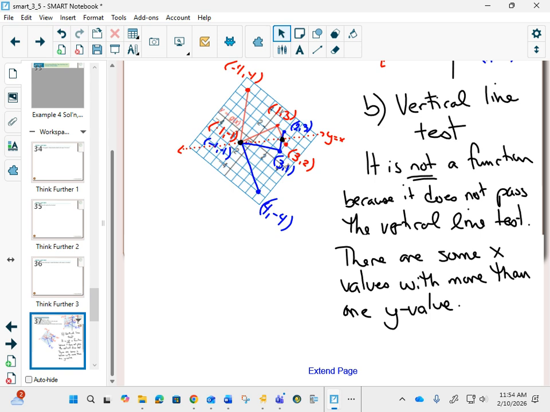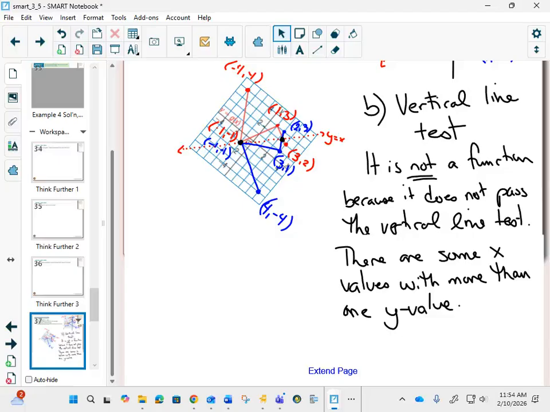And this is problematic with functions. Like your calculator is one big, massive function thing. When you do 2 plus 3 and you push enter, has it ever told you something other than 5? No. Okay? When you plug something in, it always gives you the same answer.